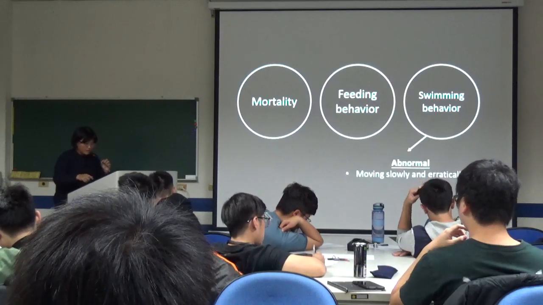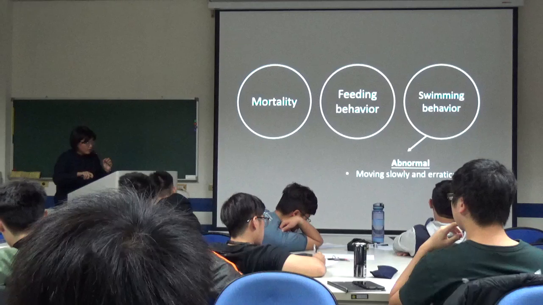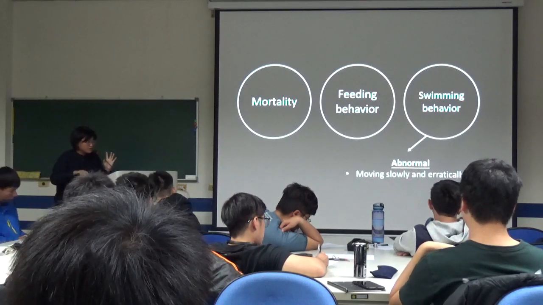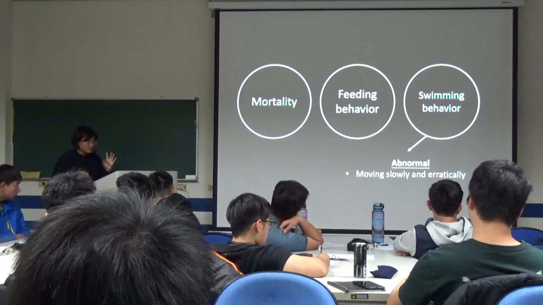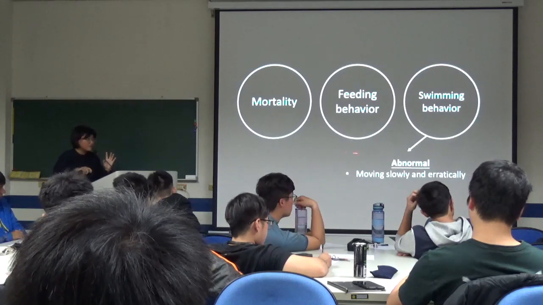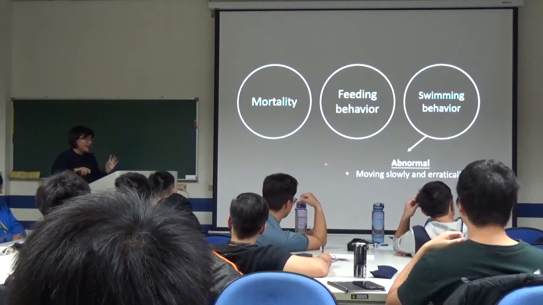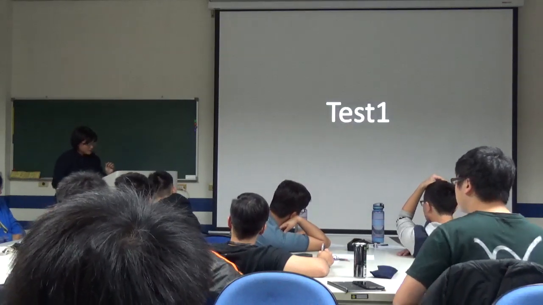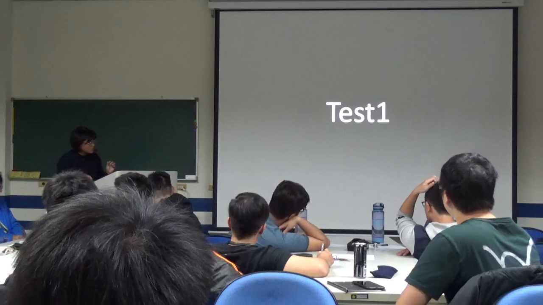And abnormal swimming behavior means the clownfish is moving slowly and erratically. And erratically means the fish swim like this.